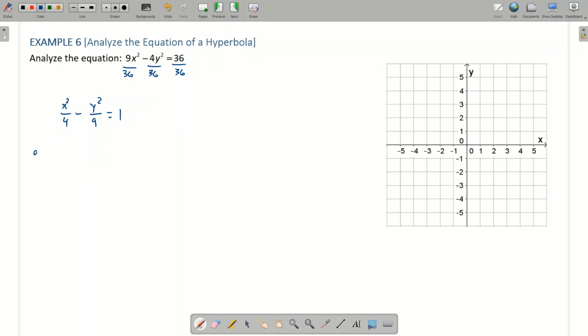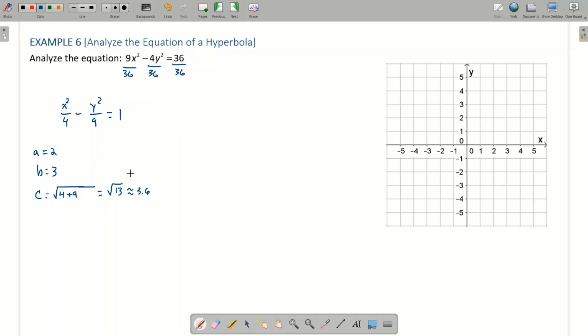Okay, so that tells us a is the square root of this, which is 2. b is the square root of this, which is 3. So c is the square root of a squared plus b squared, so 4 plus 9, which is the square root of 13, and that is approximately 3.6.